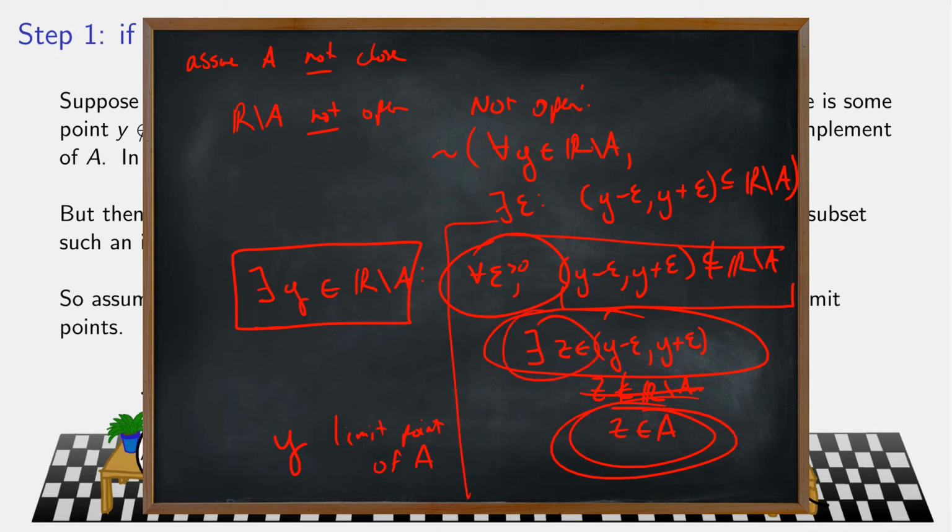This point y has the property that everything around it intersects A. Therefore, y is a limit point of A. So if R minus A is not open, in other words, if A is not closed, then there is a point that is not in A but is a limit point of A. So not being closed means you have missed one of your limit points.